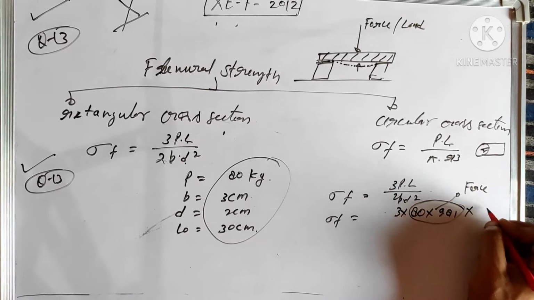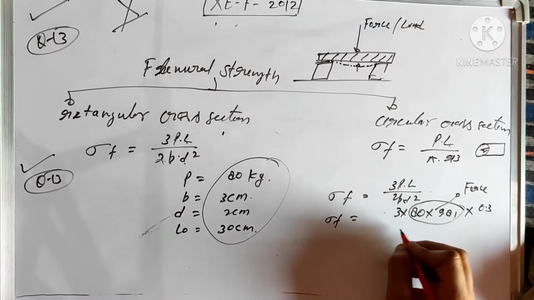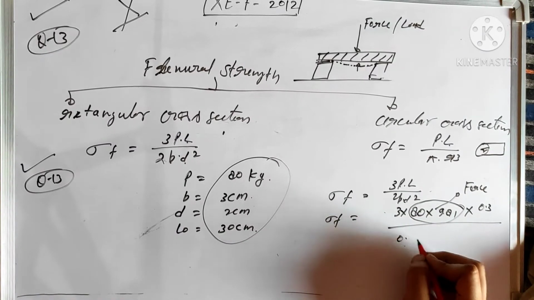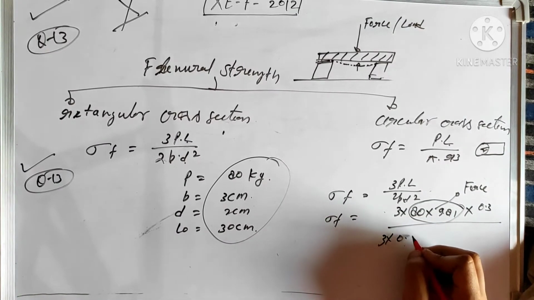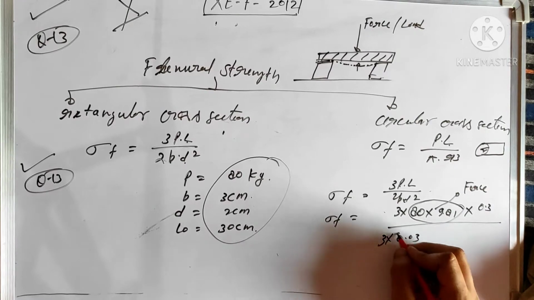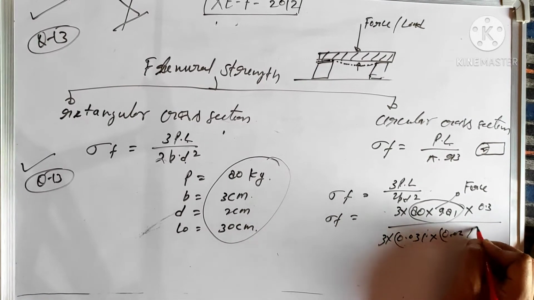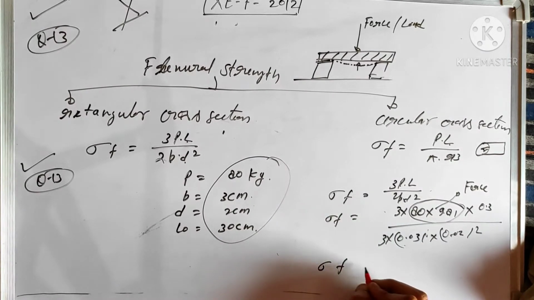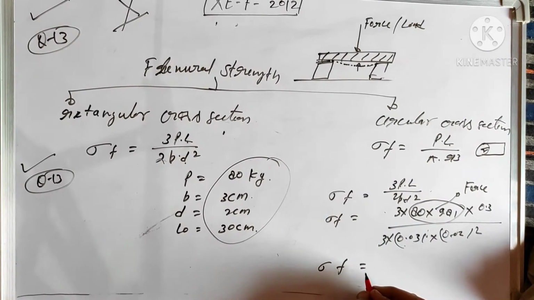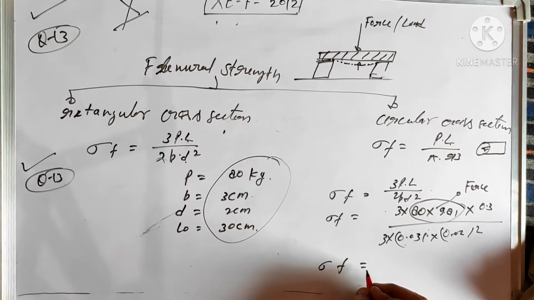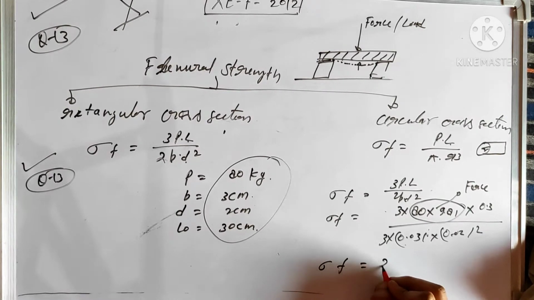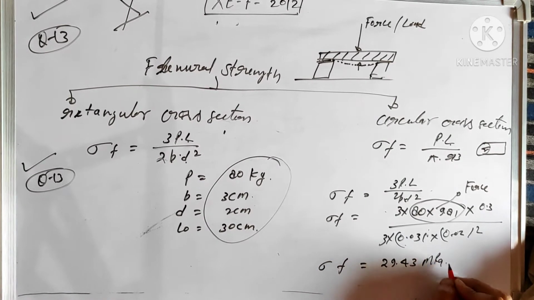And the length is 0.3 meter, divided by 2 into 0.03 into 0.02 squared. Then you get the flexural strength equal to 29.43 megapascal.